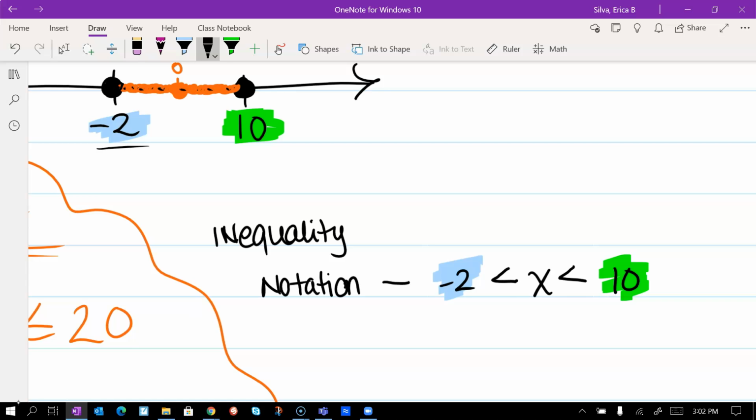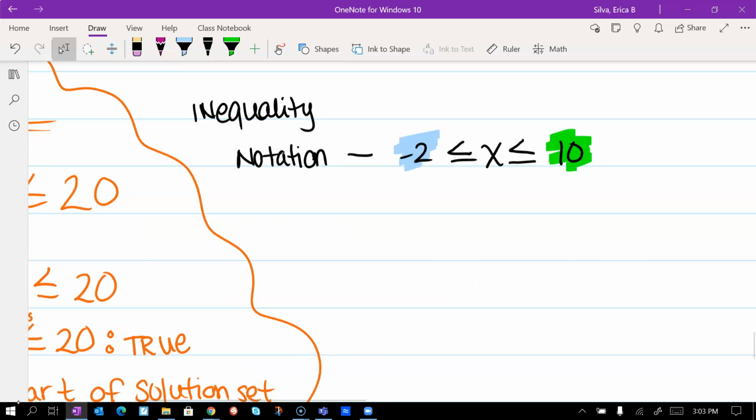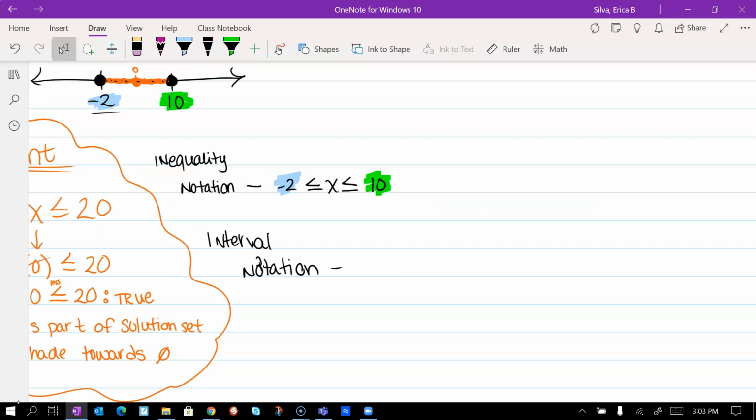And because we're including the -2 and the 10, we're going to put those lines on the bottom that represent equal. And now for interval notation, we're going from -2 to 10. So this is my smallest value in my set. This is my largest.